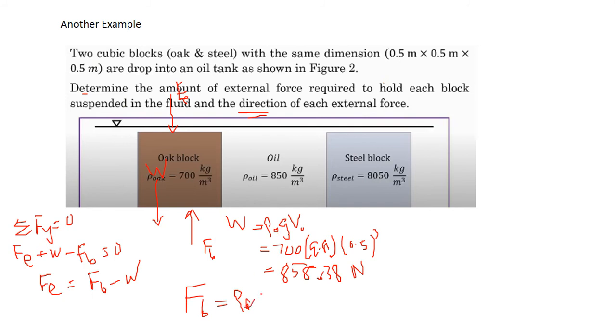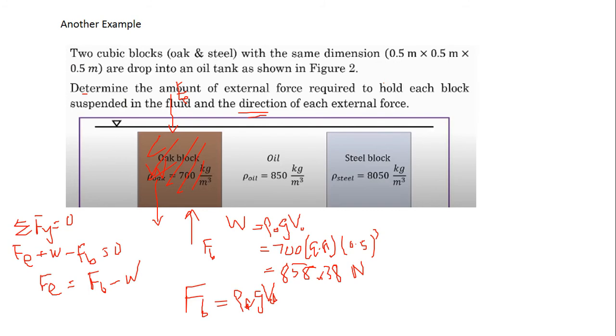Okay, so rho of the fluid times g times V. V of the oil, V of this block lah kan? It should be V of this displacement, VD. But it's similar to V of the object lah, betul?